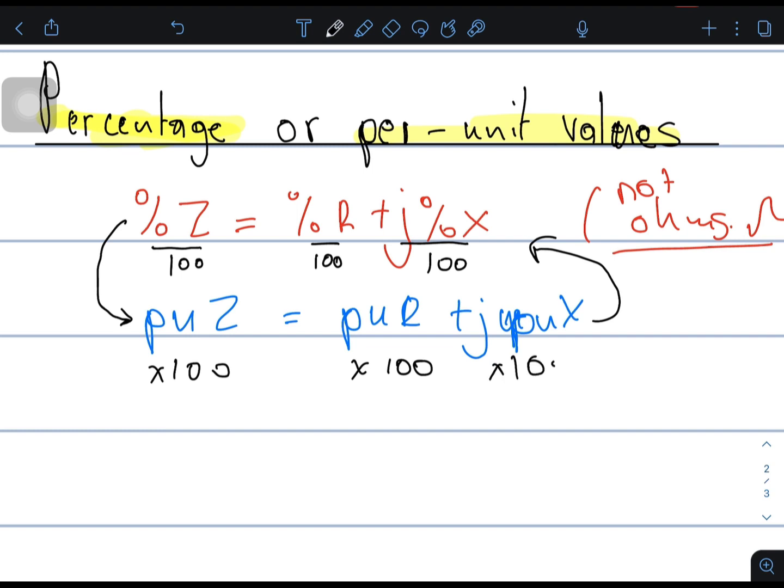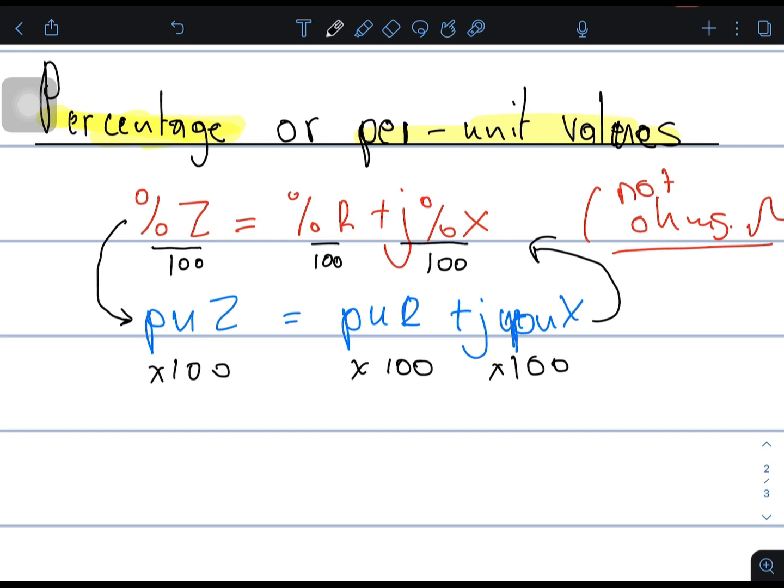Okay, now let me explain why we would be given impedance, resistance, reactance in percentage or per unit value. There are two reasons, and those two reasons are basically good, valid reasons.